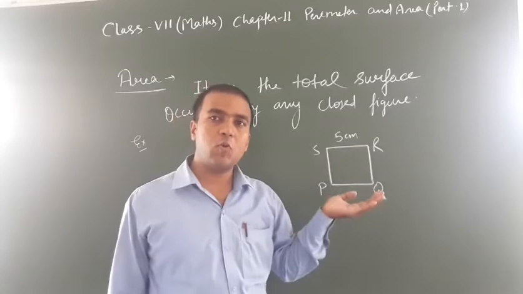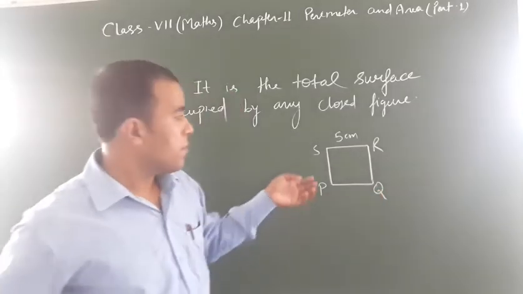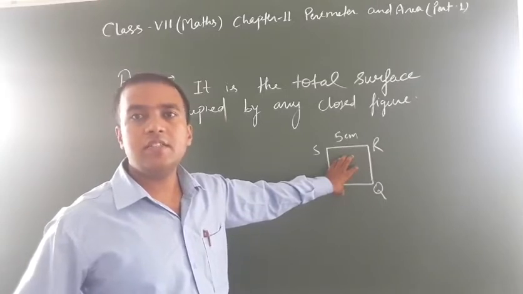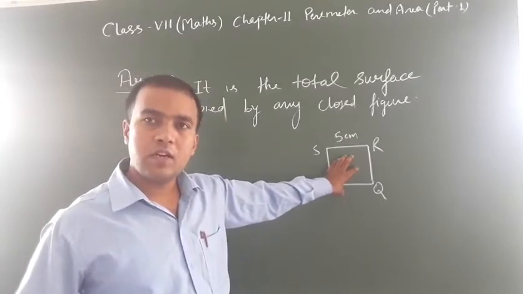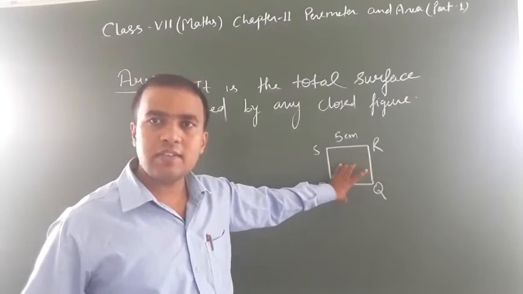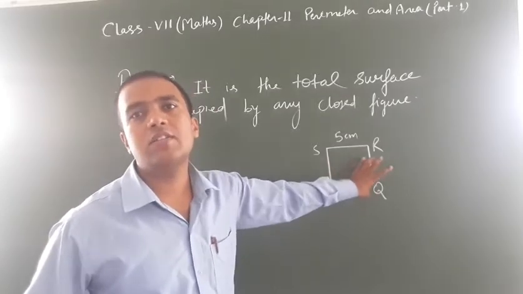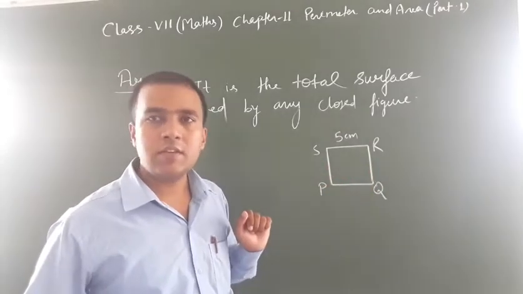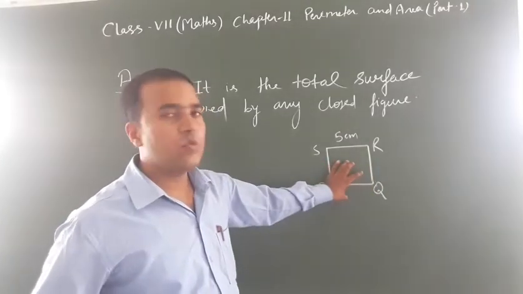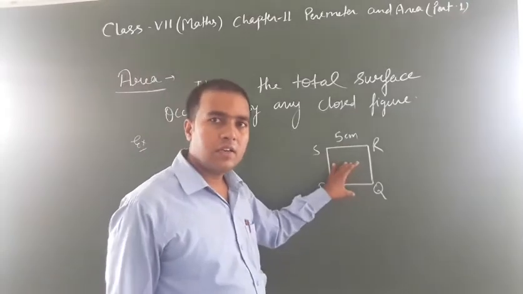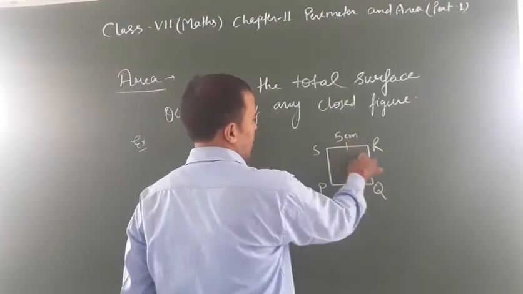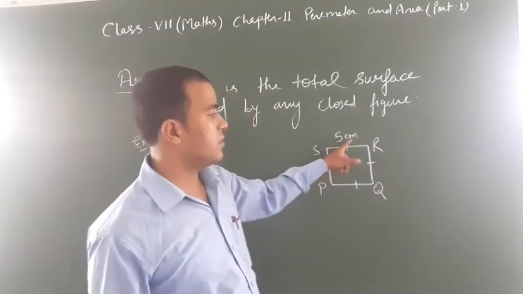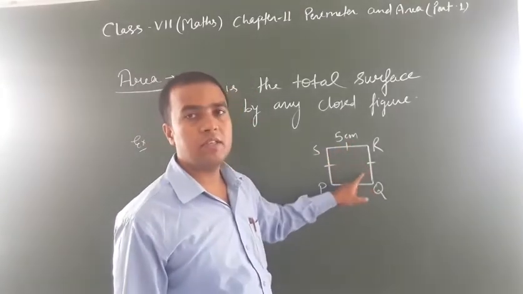So first of all, let us think about the square. What is a square? A square is a closed figure having four sides. All sides are equal. If this is 5 centimeters, this is also 5, this is also 5.